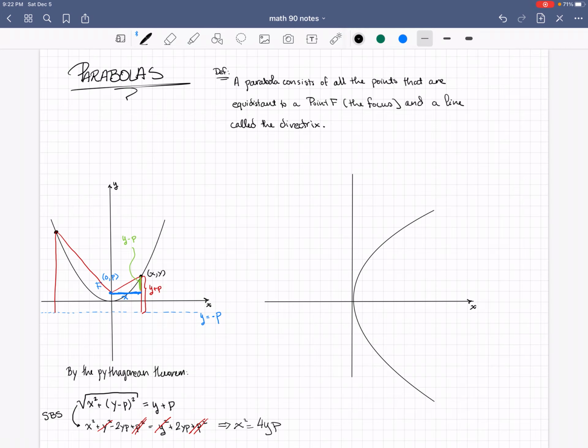So in other words, I could write it as y is equal to x squared over 4p. So if you have the equation of the parabola, you can also see what the focus and the directrix is. We'll come back to that in a minute.